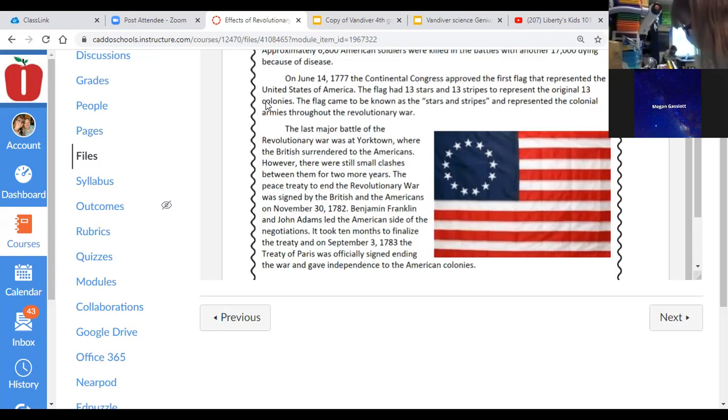It has 13 stars and 13 stripes that represent not states, the original 13 colonies in North America?